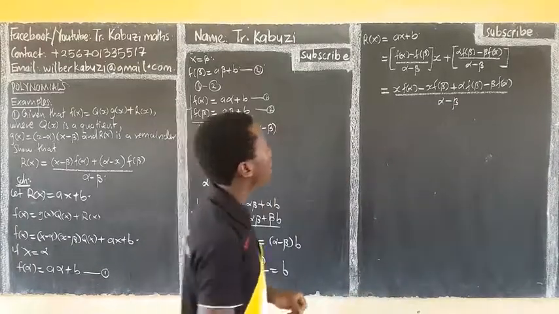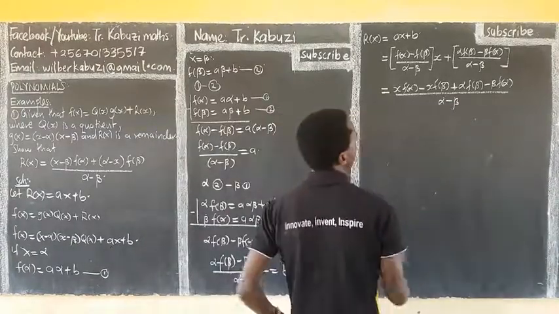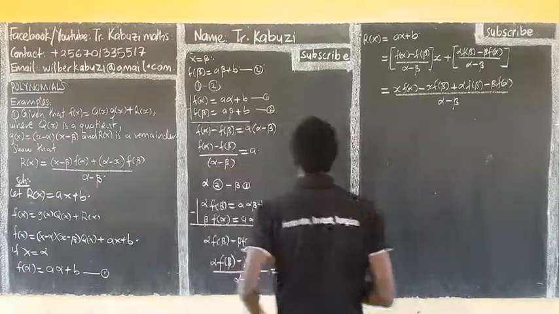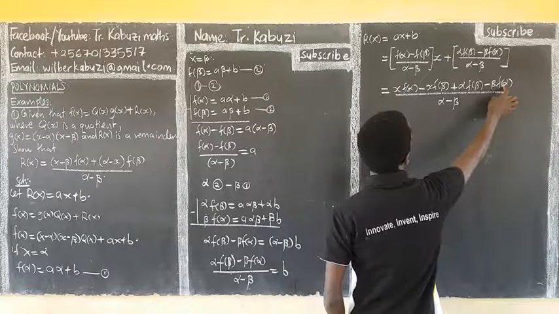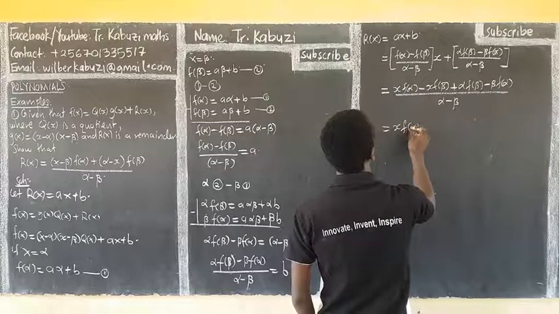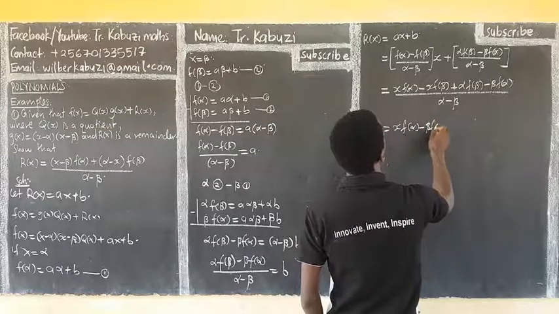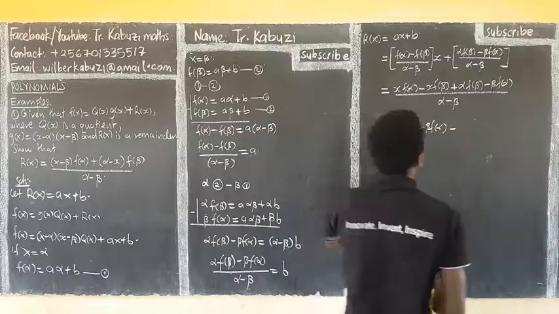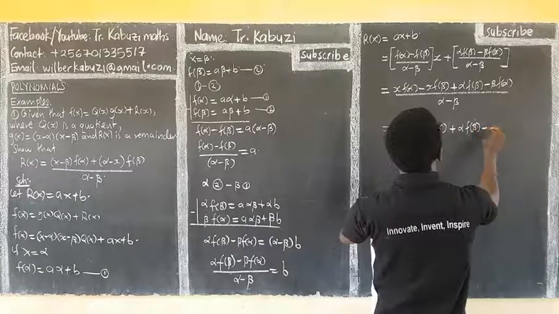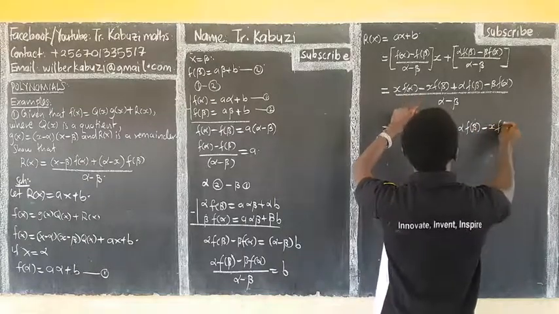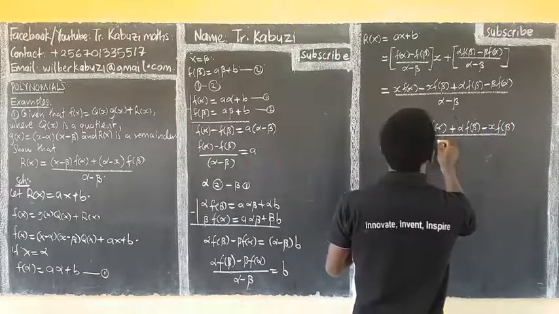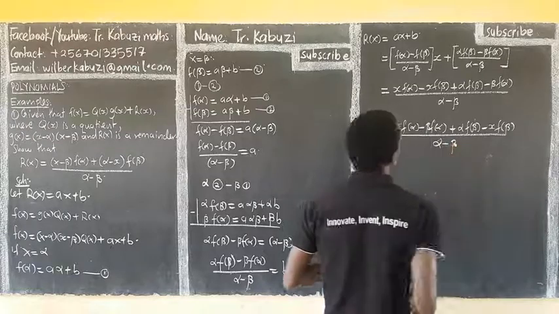So now we put things together. According to our proof, we have x minus beta. So you put this, f of alpha is common with this, so this will be x f of alpha minus beta f of alpha. Now plus, I have alpha f of beta minus x f of beta. The whole thing over alpha minus beta.